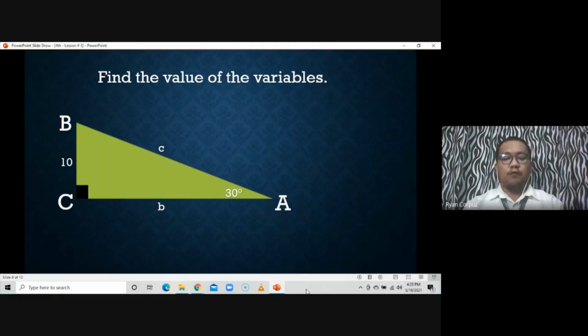So let's find out first for the value of B, yung longer leg. Paano ulit makuha yung longer leg? That is shorter leg times square root of 3. Ano bang shorter leg? That is 10 times square root of 3. That would be equal to 10 square root of 3. Kasunod, how about the hypotenuse? Given the shorter leg, what would be the measure of the hypotenuse?